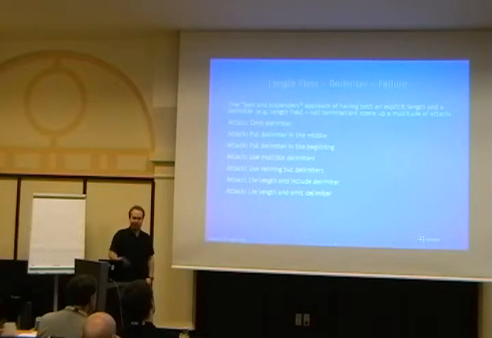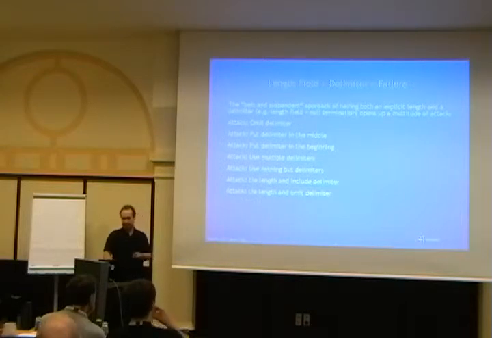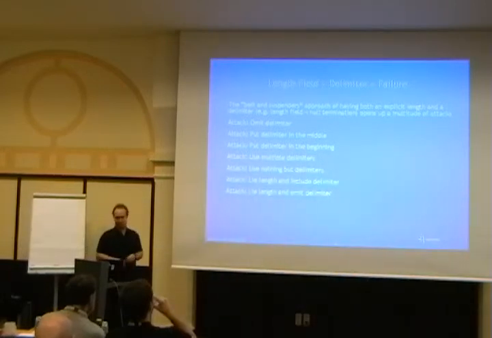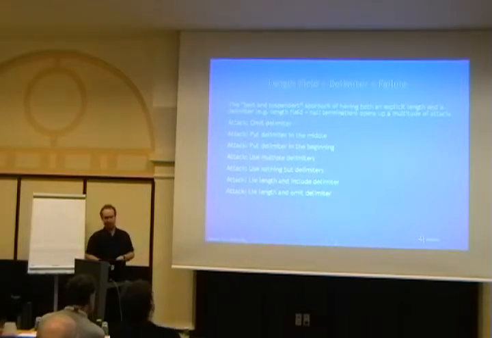You can again try to omit the delimiter, use a delimiter in the middle, try it in the beginning, use multiple delimiters within a string, use nothing but the delimiters, see what happens when there is no actual value, or you can start tweaking the length field and then do all kinds of other things with the delimiters as well.